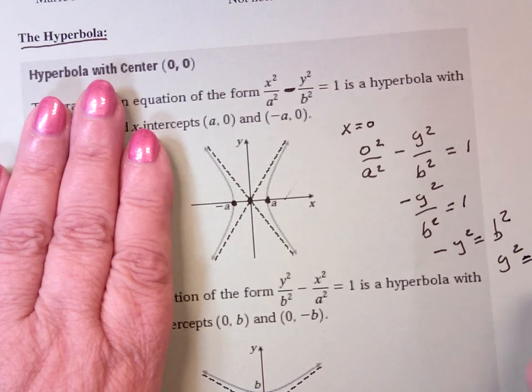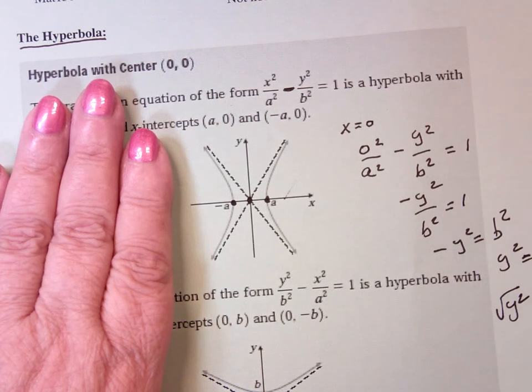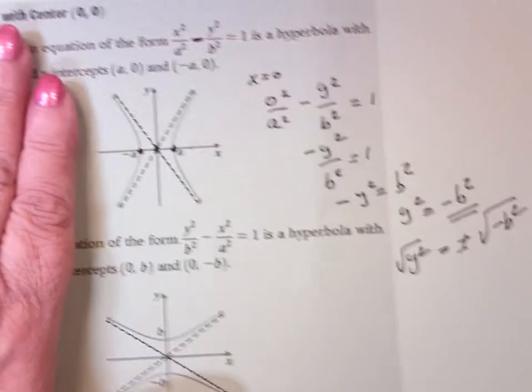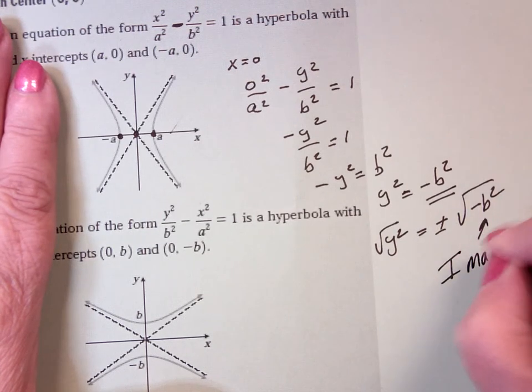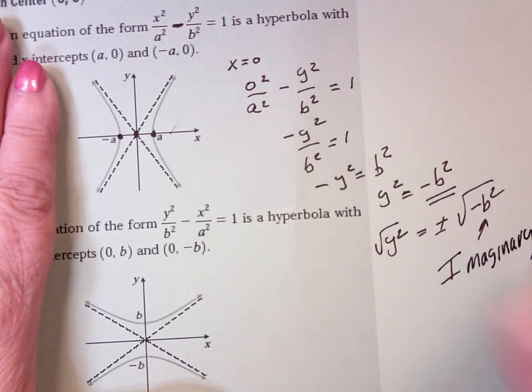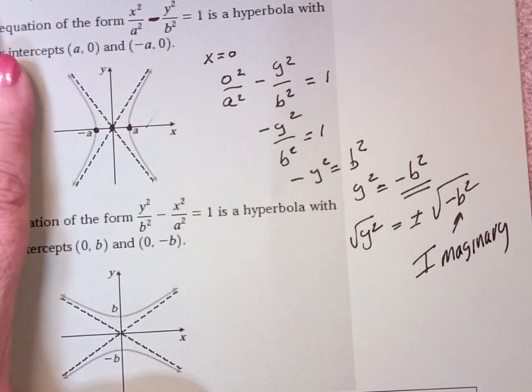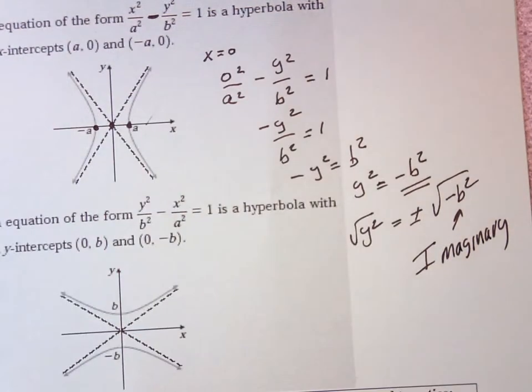And when I go to take the square root of both sides, these are imaginary. So that's why it doesn't cut the y-axis. There are no y-intercepts. Those are imaginary numbers.